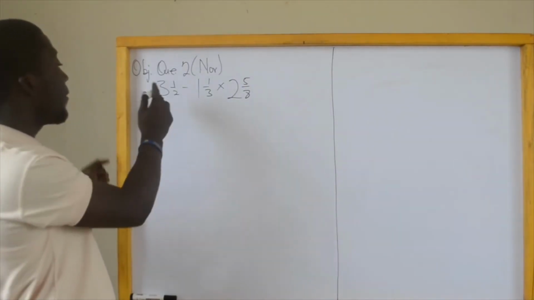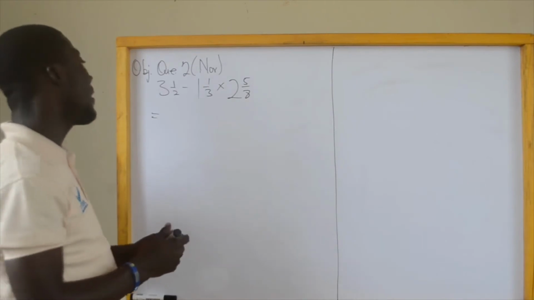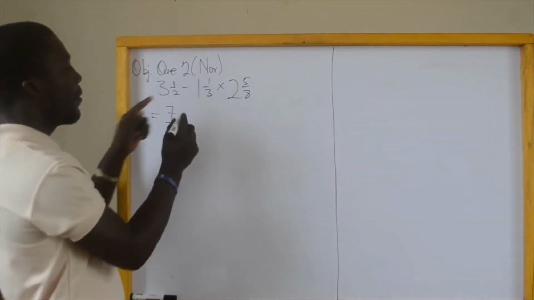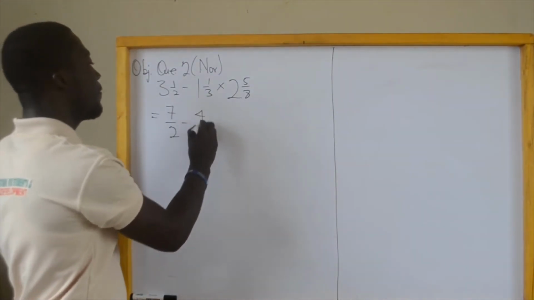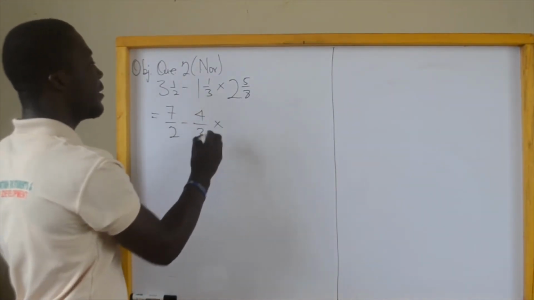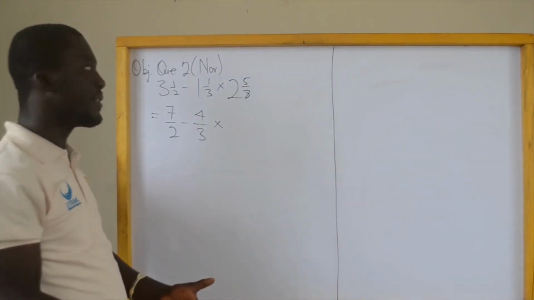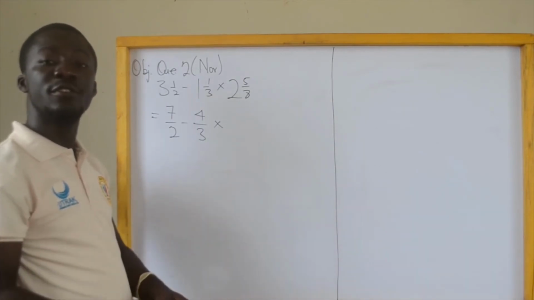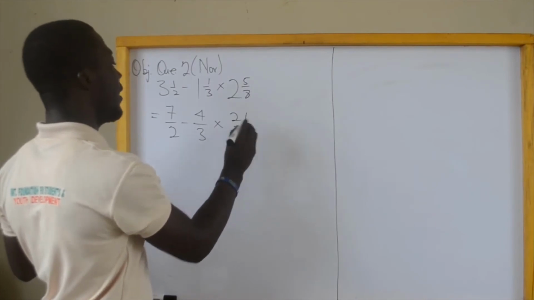So 3 times 2 is going to give us 6, 6 plus 1, 7 over 2. 1 times 3 is 3, 3 plus 1, 4 over 3, times 2 times 8 is 16, 16 plus 5 is going to give us 21. So 21 over 8.